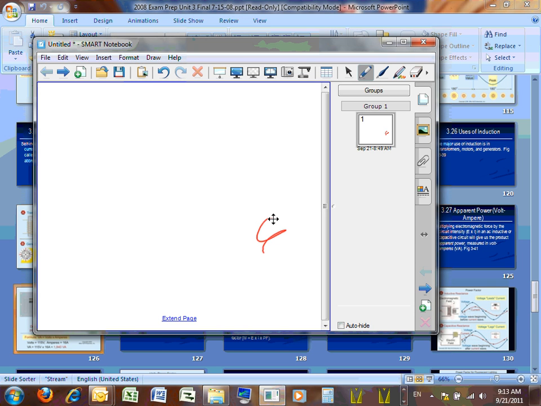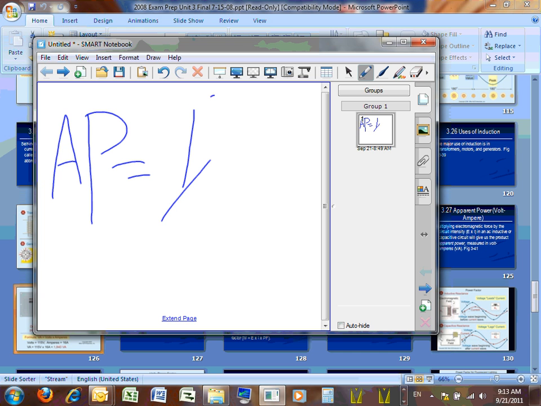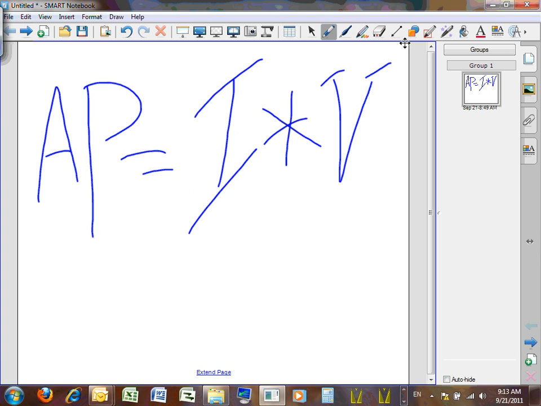Okay, so it's working here. You're going to have a big phenomenon, guys, called the apparent power. My apparent power always equals the current multiplied by the voltage. This is the single most important thing: apparent power equals the current times the voltage.